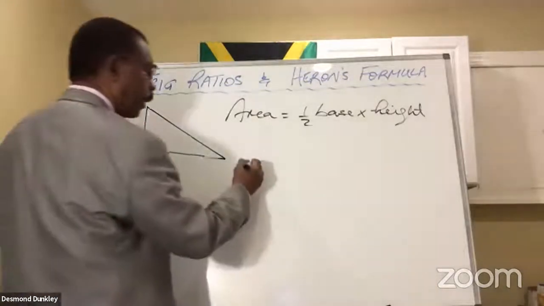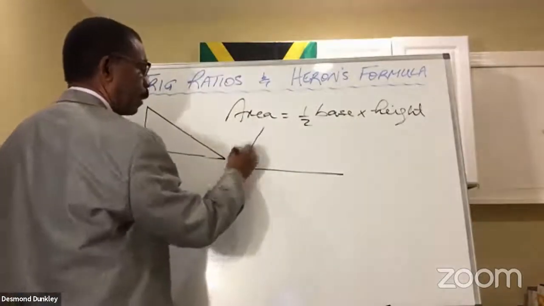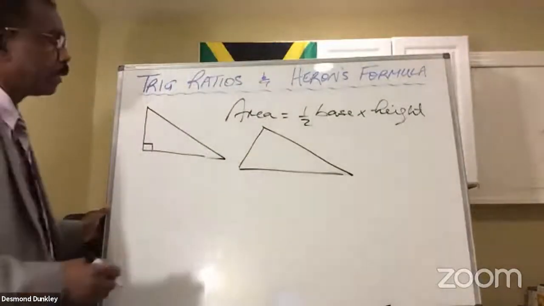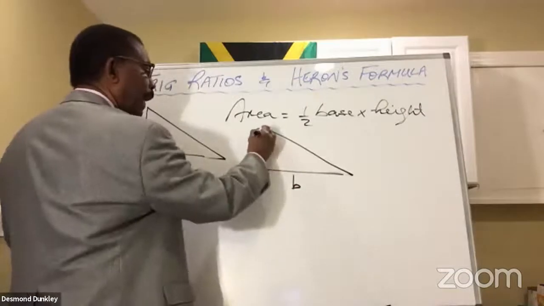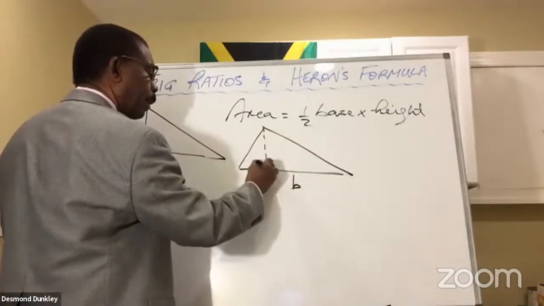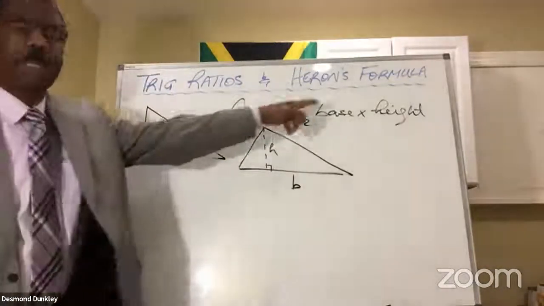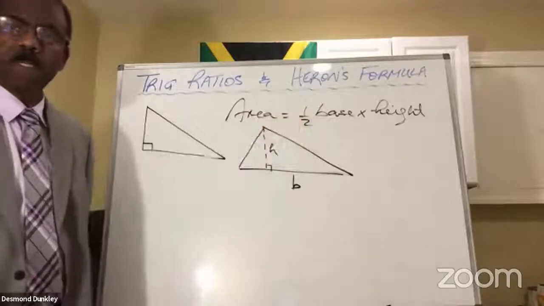So if I gave you a triangle that looks somewhat like this, and it's not a right triangle, you could use this as the base, but you will have to calculate the height in order to use a half base times height. If you don't know the height, you cannot use this formula.